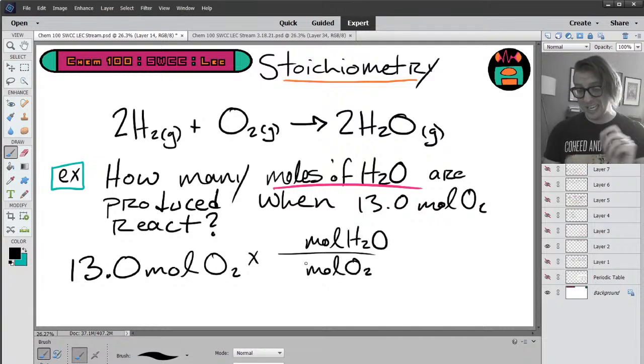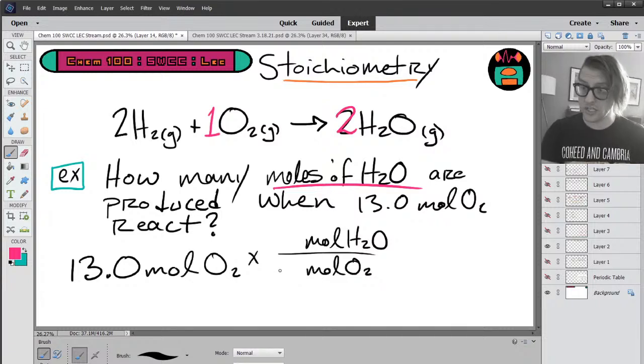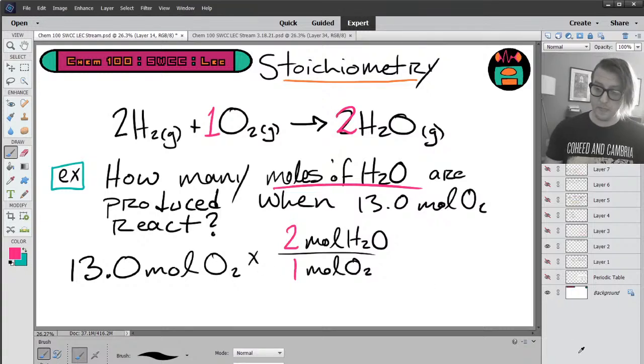The answer is that exact unit conversion is contained in your balanced chemical equation, because your balanced chemical equation tells you for every 1 mole of oxygen that reacts, 2 moles of water are produced. So the ratio that you add is 1 mole of oxygen and 2 moles of water. You'll notice that moles of O2 cancel.